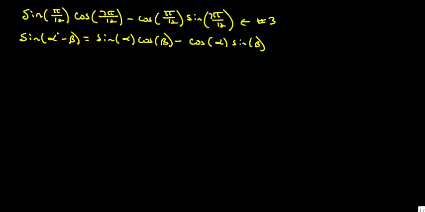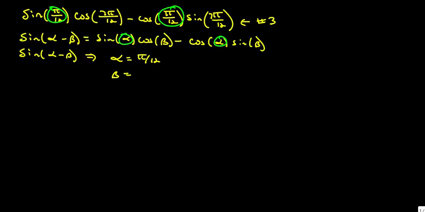If you look, that means that in sine of alpha minus beta here, alpha is pi over 12, and beta then is 7 pi over 12. So this says that alpha should be pi over 12, beta should be 7 pi over 12.